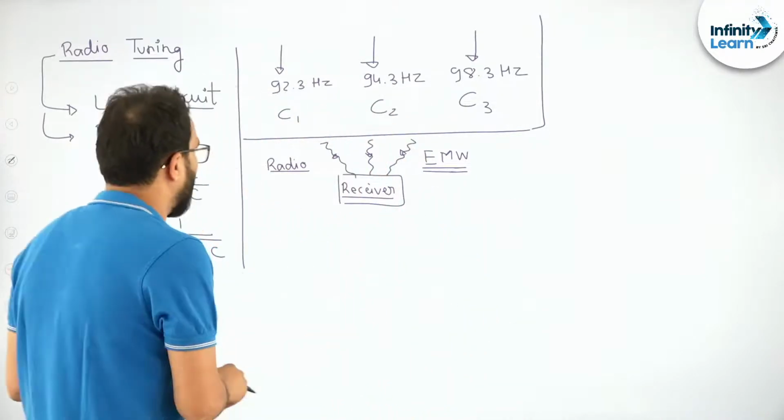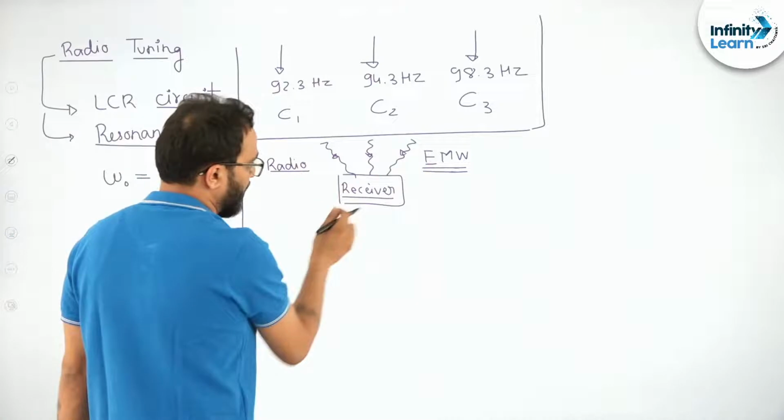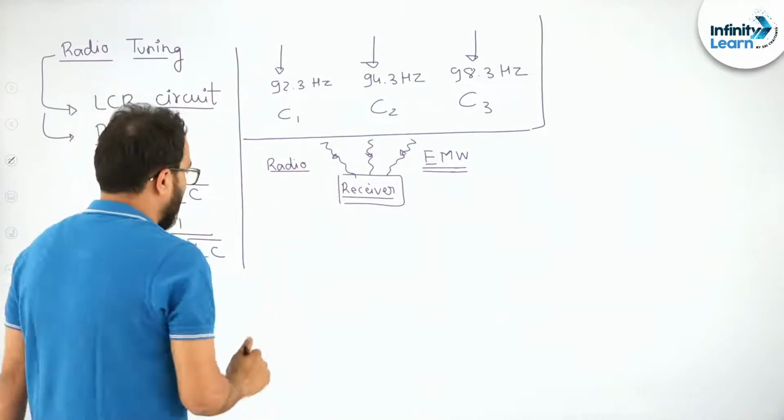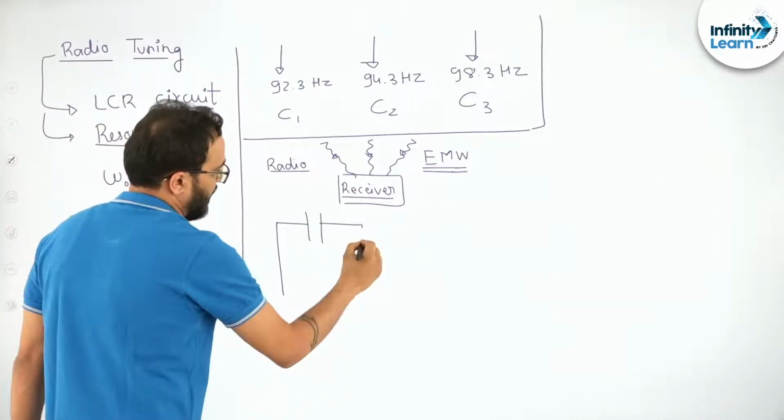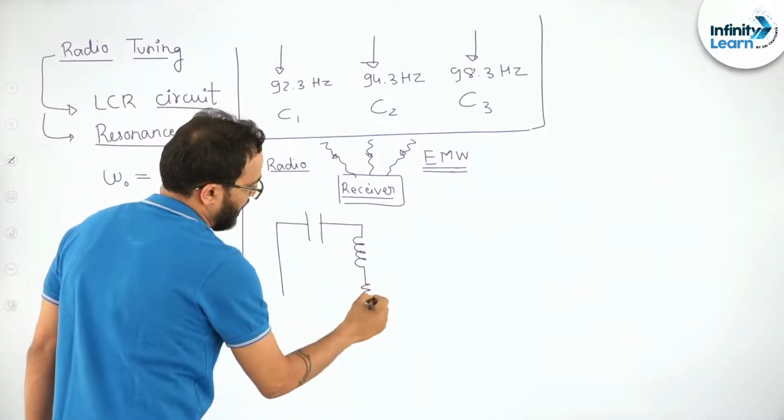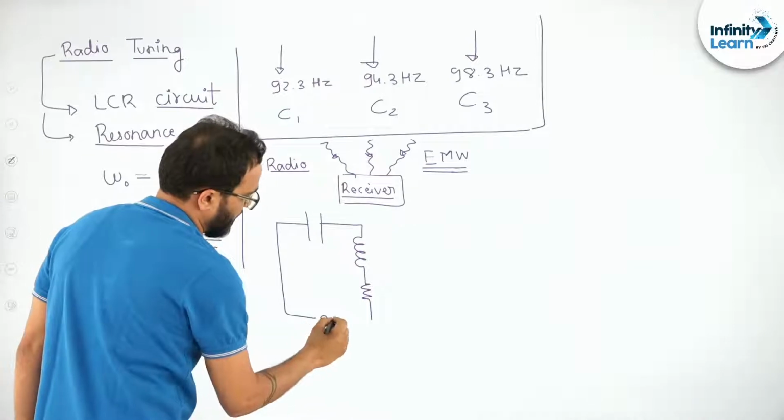See, what happens when these frequencies come to the receiver. Now we can tune the circuit. In the circuit we have a capacitor, an inductor, and a resistance. Some things are fixed and some things can be changed.